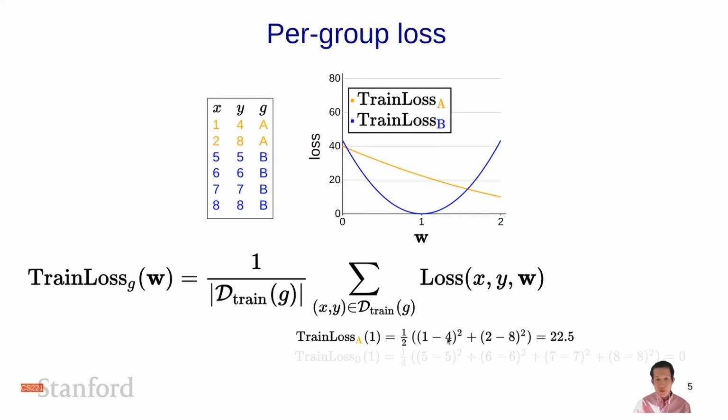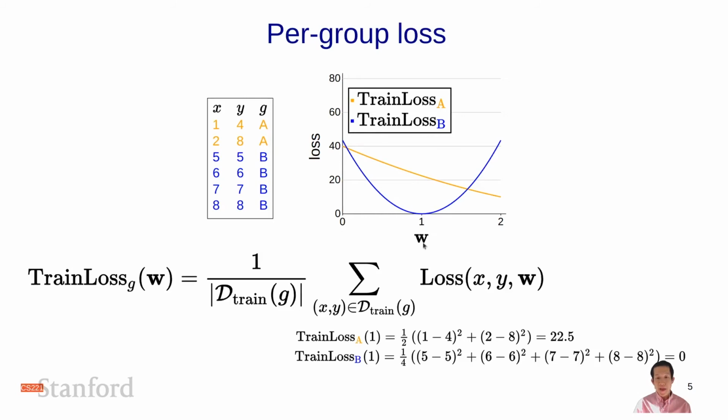Train loss A is going to be an average, remember, only over the examples in group A. And that's going to give us 22.5. You can see it looks like about 22.5 here. And then what about B? B actually gets a loss of 0, which you can see at this point.